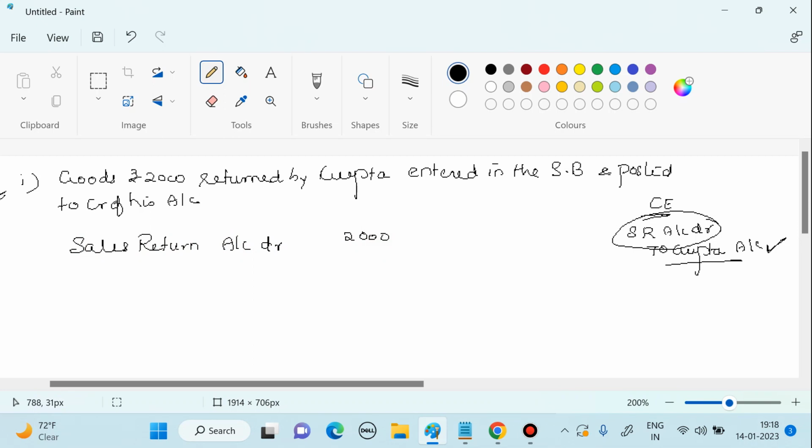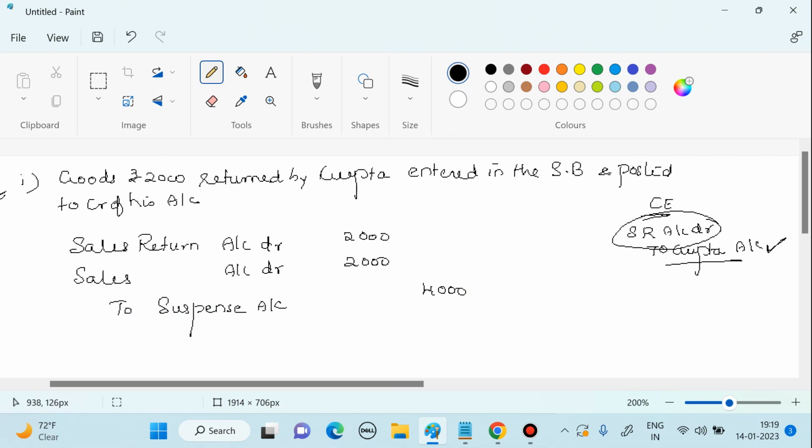That has to be nullified. Nullification is done by giving it a debit. So we would debit sales account and we would credit suspense account with double the amount, that is 4000 here.